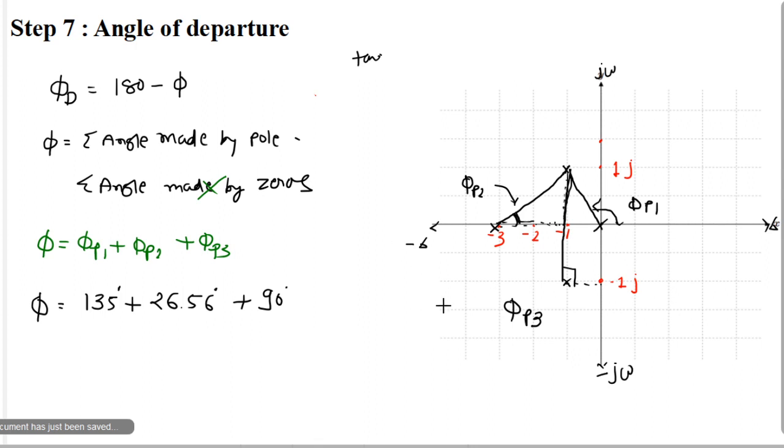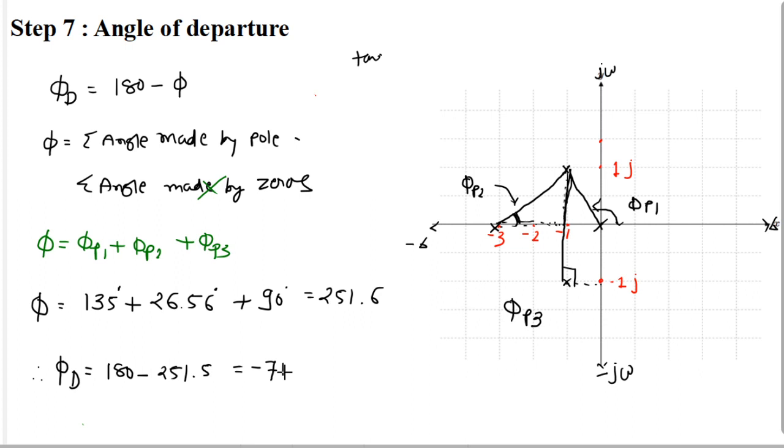So 135 plus 26.56 plus 90, the total is 251.6, so the angle of departure phi d is equal to 180 minus 251.5, that is minus 71.5. Okay, minus 71.5 is the angle of departure.